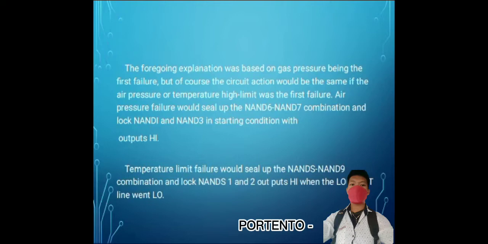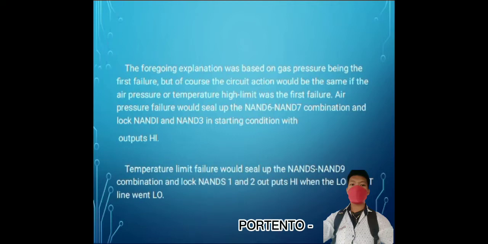Air pressure player would seal up the 96-97 combination and lock 90 and 93 in starting condition with output. High temperature limit player would seal up the 99 combination and lock 91 and 2 output high when the lockout line went low.